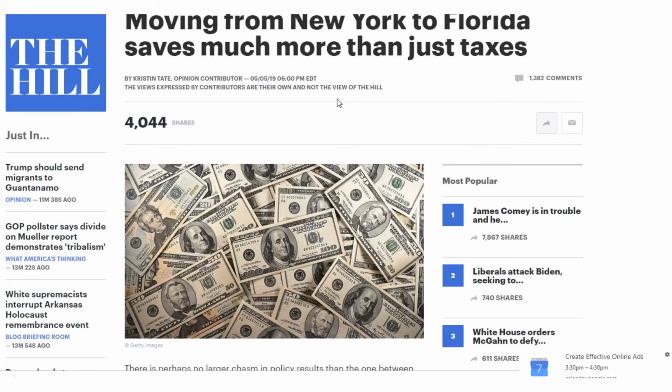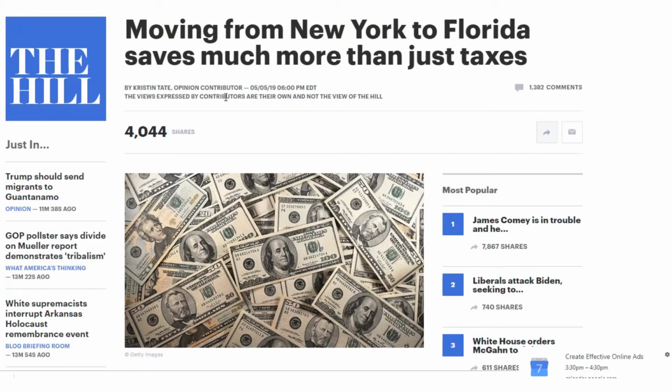But this story is written by a libertarian. It's an opinion piece, okay? A libertarian is somebody who is very suspicious of government at all levels, but especially the federal government. So she has that point of view, and you'll learn more about libertarianism at the end of the course.